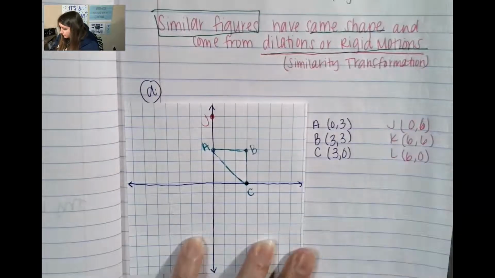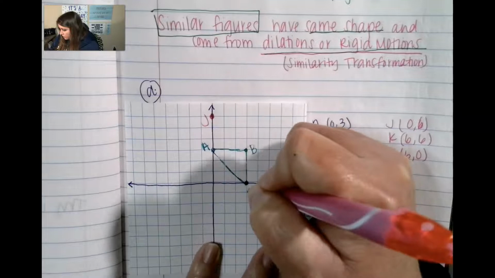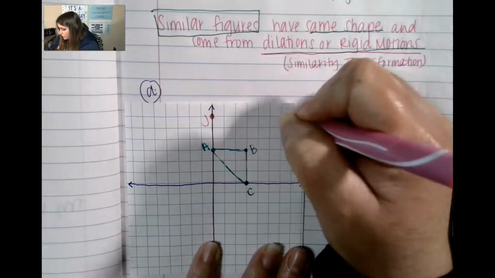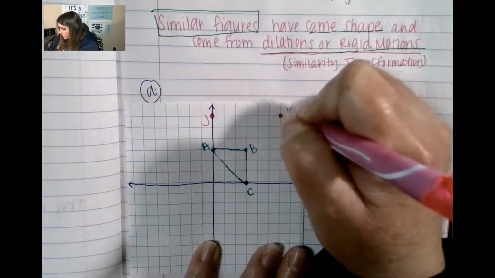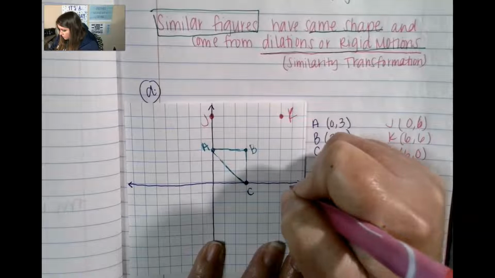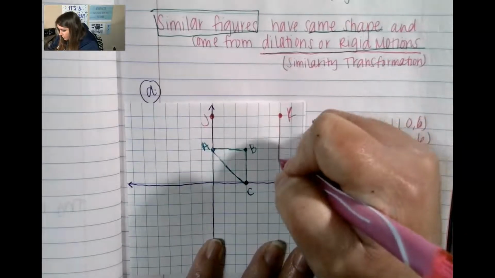That's J. K is over 6: 1, 2, 3, 4, 5, 6. And L is 6 over, and then nowhere. Then again, connect our dots.